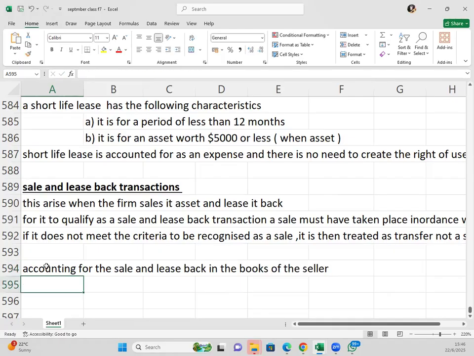So in the books of the company that has sold, what are we supposed to do? We had an asset, we sold it, and we are leasing it back. The first thing is, if we sell the asset, we have to de-recognize it from our PPE. It's no longer there as a non-current asset.